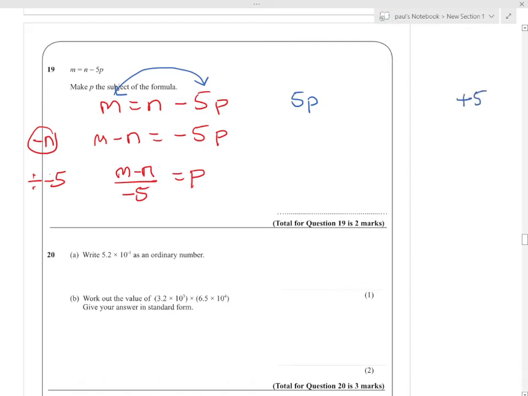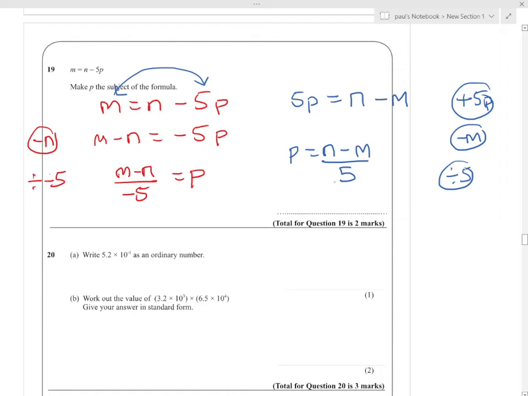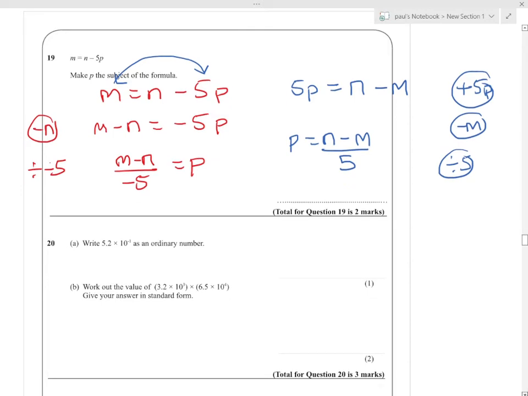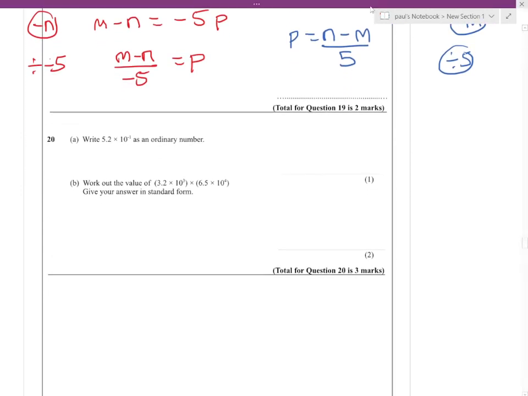So plus 5P on the left, and then you took M away from both sides, so you'd have N minus M, and then divide by 5, so you had P equals N minus M divided by 5. So all the difference is that this is a positive 5 and this is a negative 5, but these letters are round the other way. Doesn't matter. Just being a bit pedantic if they expect you to do that.